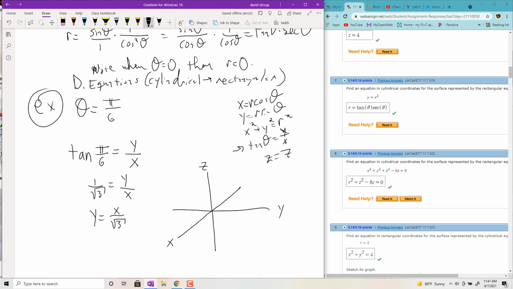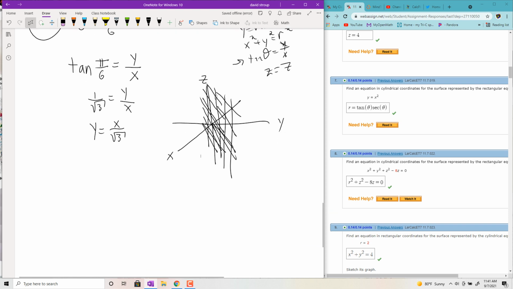The trace in the x, y plane has a slope of 1 over root 3, so it's going like this, through this, and then it's connecting. It's a plane like this. Okay. Hopefully that's reasonably well. No, it's getting worse. Okay, well there it is.